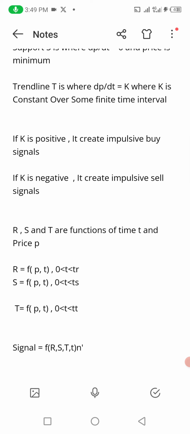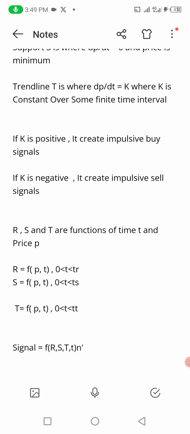Then S is f of P comma T for 0 less than T less than TS, where TS is the maximum time for which the support event lasted. Then T is f of P comma T for 0 less than T less than TT, where TT is the maximum time for which the trend lasted.